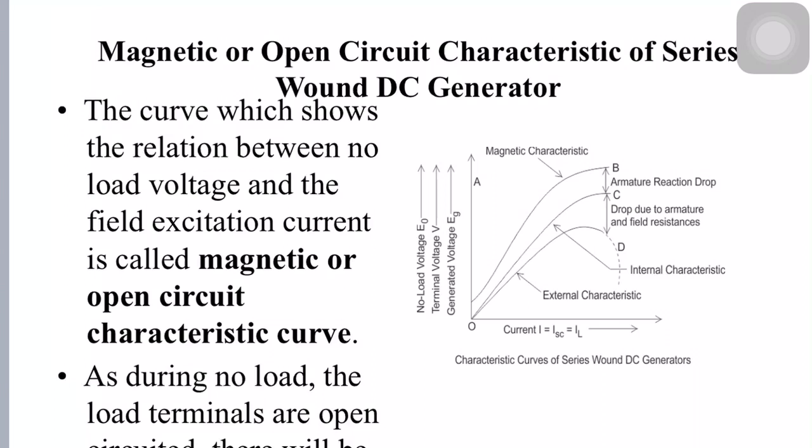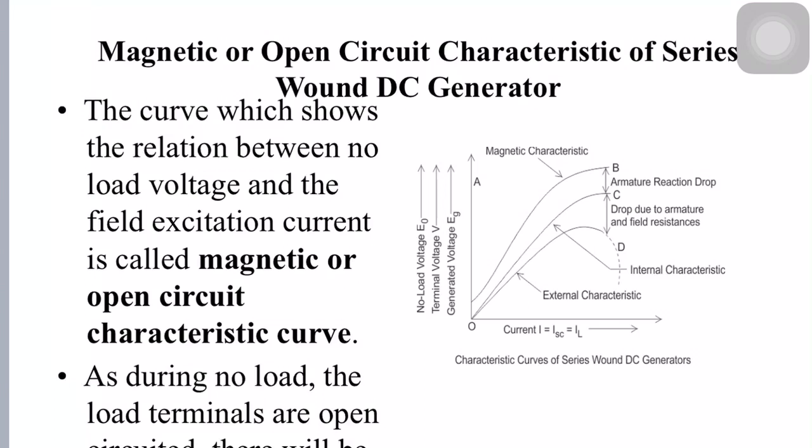The linearity of the curve will continue till the saturation of the poles. We can observe the linear characteristics continuing till magnetic saturation of the poles occurs, and after that there will be no further significant change of terminal voltage of the DC generator for an increase of field current.